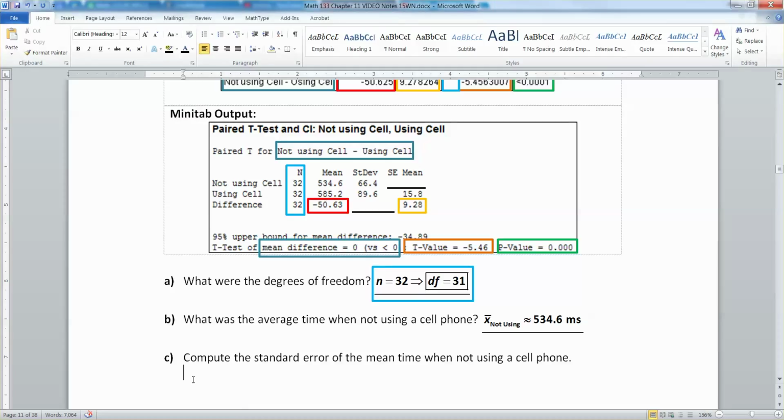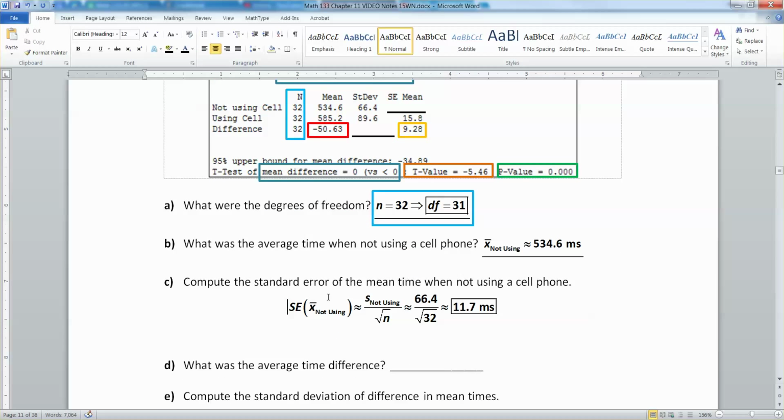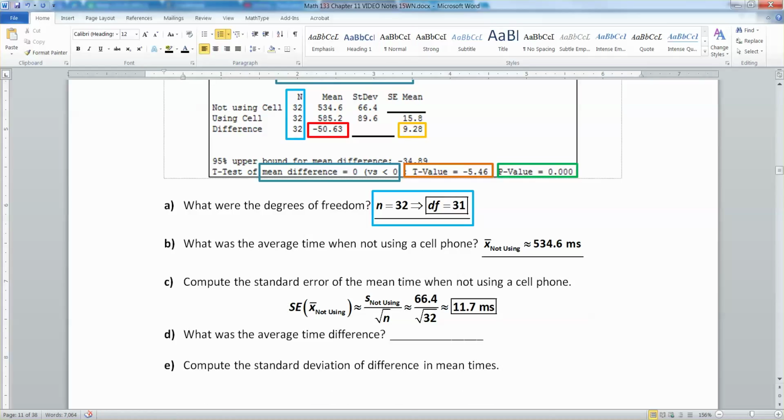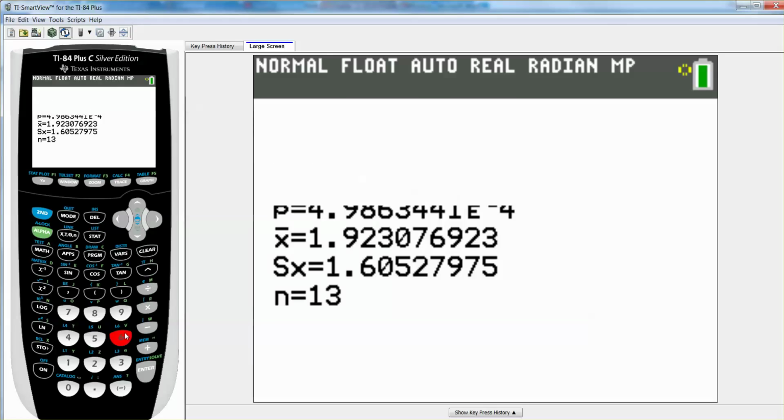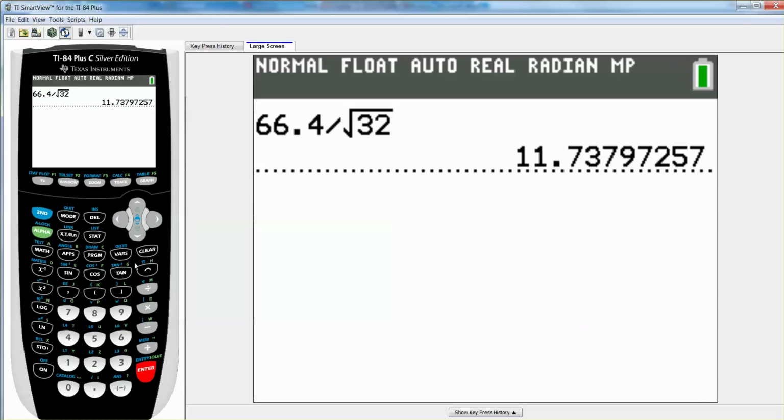So you just need to take 66.4 and divide it by the square root of n, which I have right here. I grabbed my calculator and found it to be about 11.7. I'll prove that to you: 66.4 divided by the square root of 32 is 11.7.